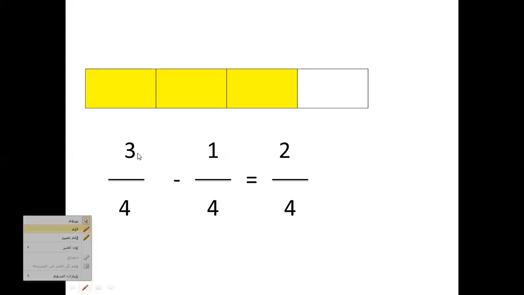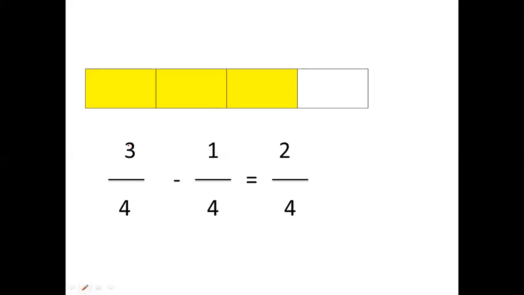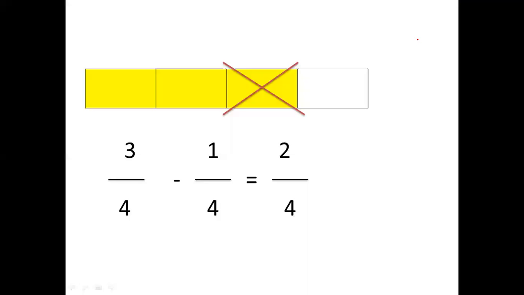3 over 4. If we want to take away one part, if we want to subtract one part of these three parts, how many yellow parts were left?